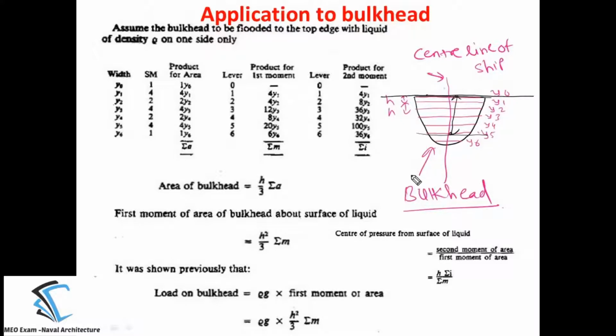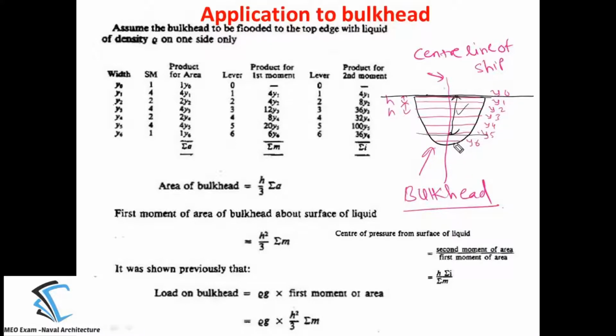So whatever we have done for finding the first moment and the second moment about the transverse axis, the same method we are going to use here. I am repeating once again. In this numerical, the direction of the ordinates, y0, y1, y2, y3, y4, y5, y6, and the direction of the perpendicular distance are perpendicular to each other.